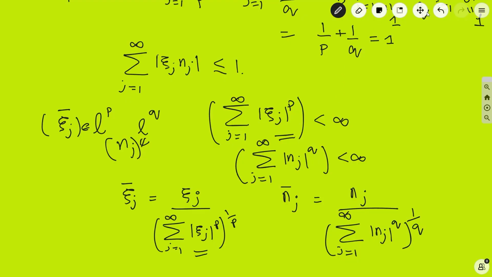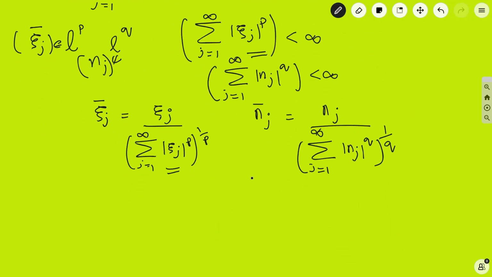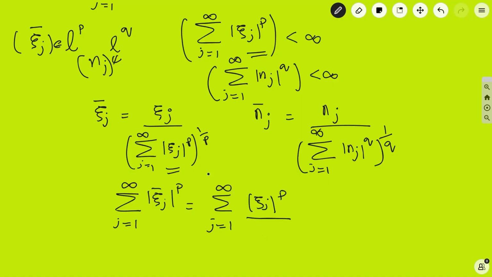Now, interestingly, if you take this one, what happens to the summation from j equals 1 to infinity of the terms to the power p? This is nothing but summation of eta j to the power p, divided by, when you raise this to the power p, summation of eta j to the power p, so your p and 1 by p cancel. So it just becomes 1.